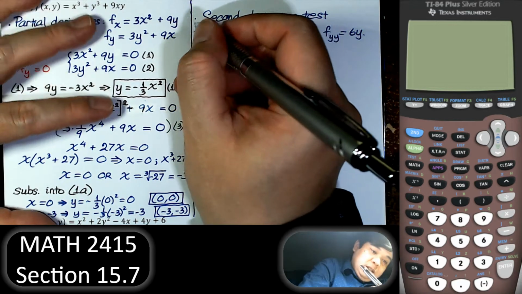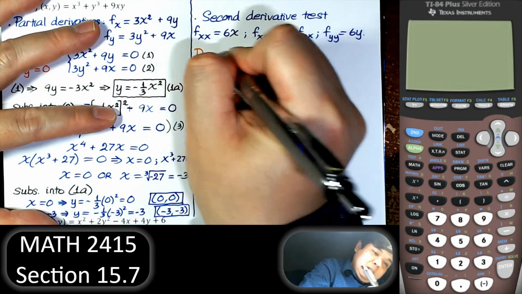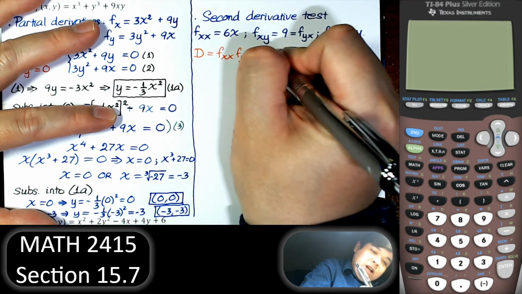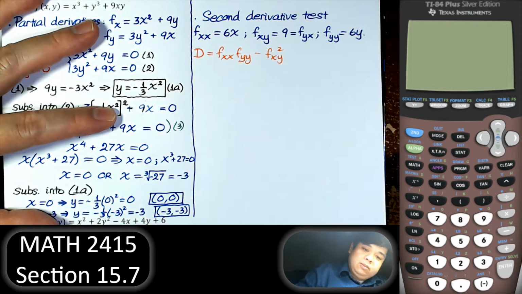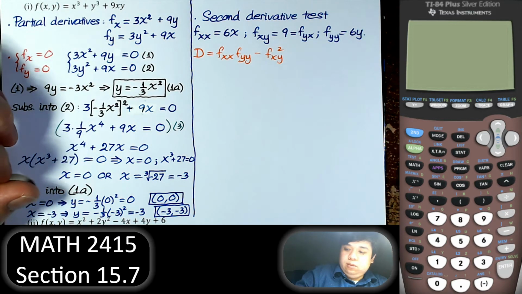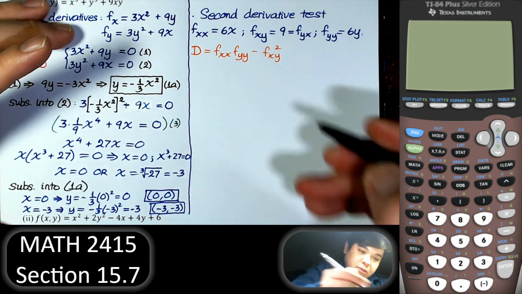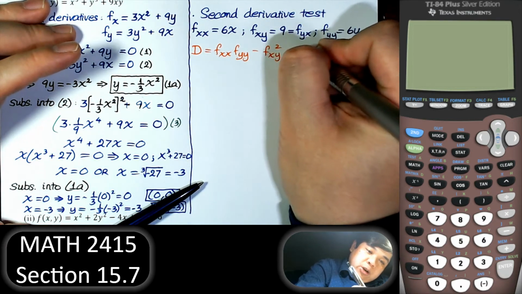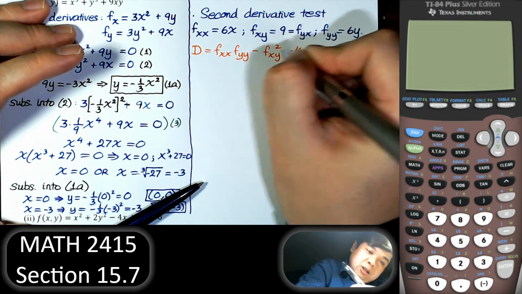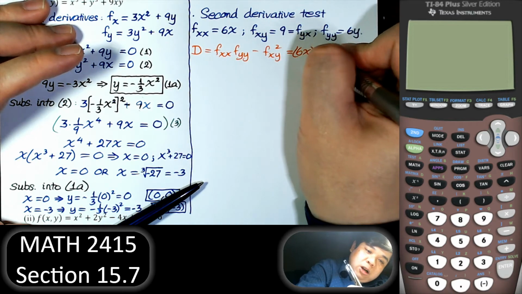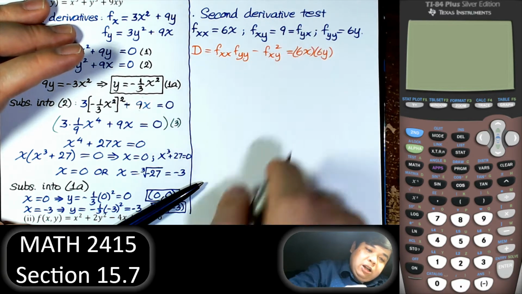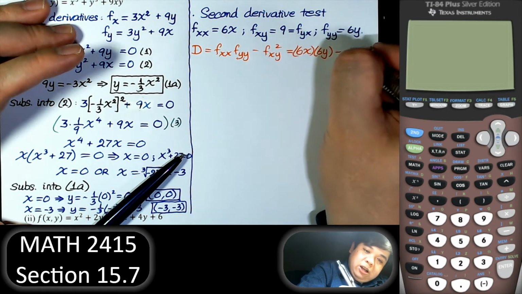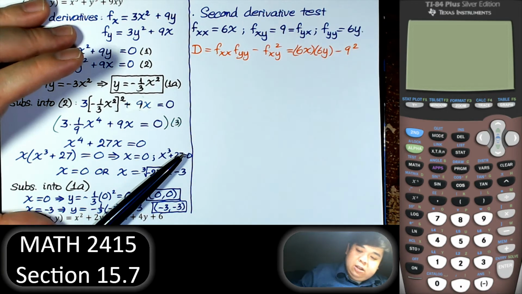And then the discriminant: fxx times fyy minus fxy squared. So we have 6x for fxx and 6y for fyy, and then minus fxy squared.